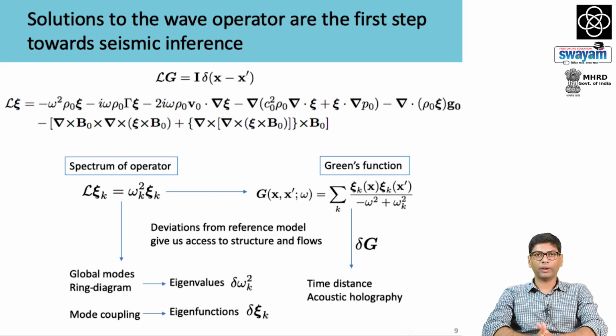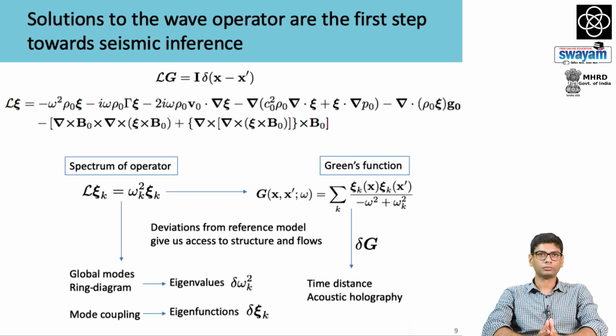Now once you have this wave operator, it is what is known as a self-adjoint wave operator. There is a certain class of operators and they have very nice properties. It's like symmetric matrices. And self-adjoint operators have a beautiful property that they have a complete eigenfunction basis.